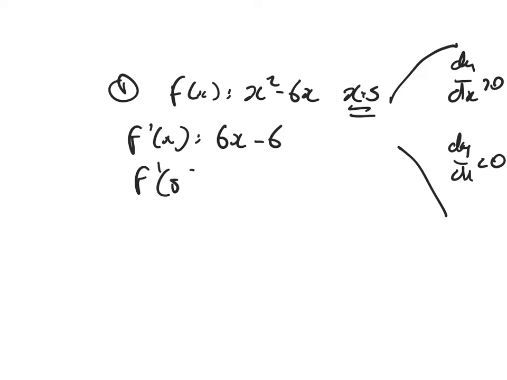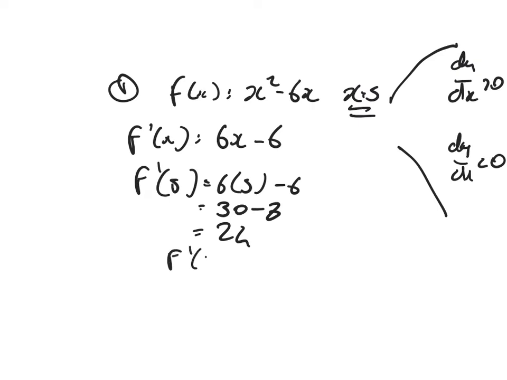I then sub in 5, and that will give me 6 lots of 5, take away 6. 30 take away 6, which is 24. So f dash x equals 24. 24 is greater than 0, therefore the function is increasing.